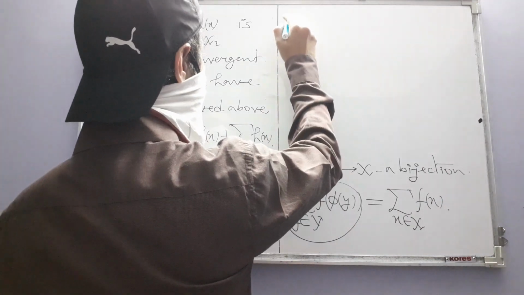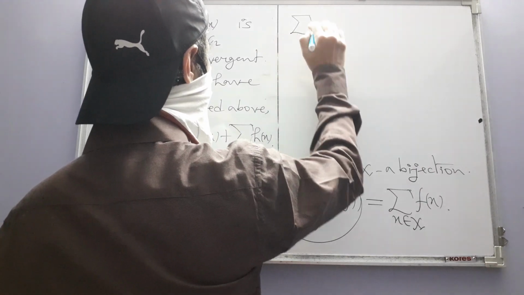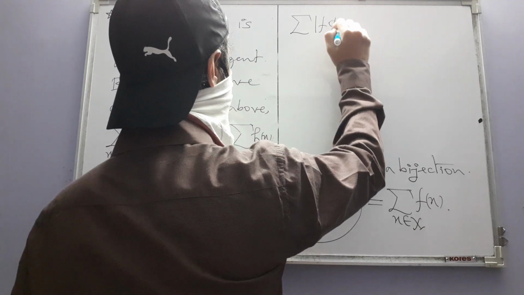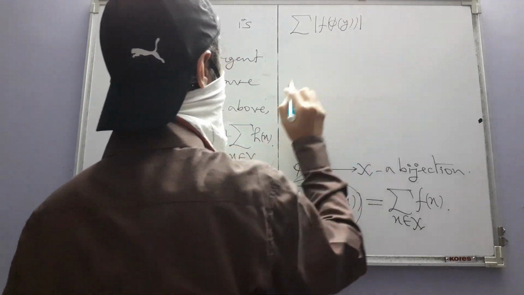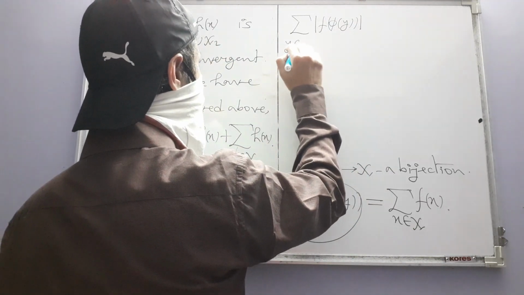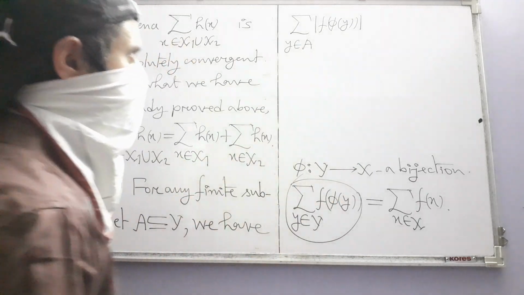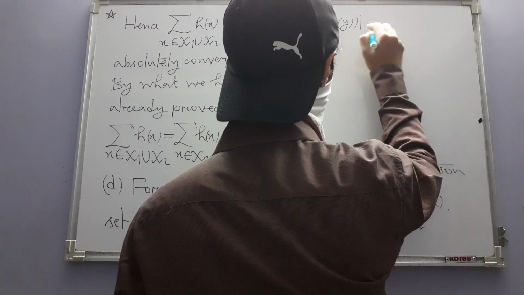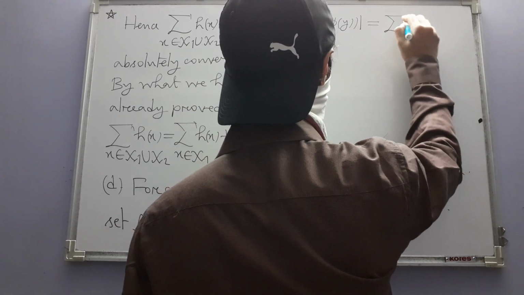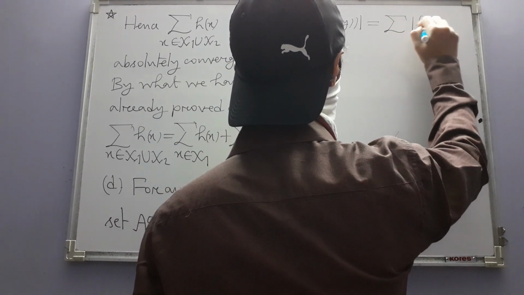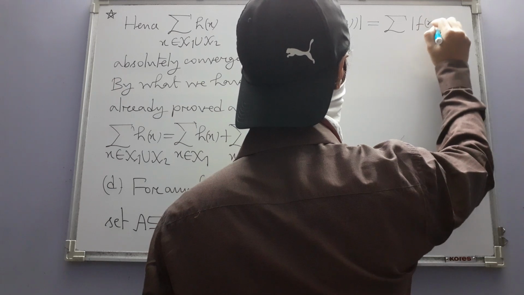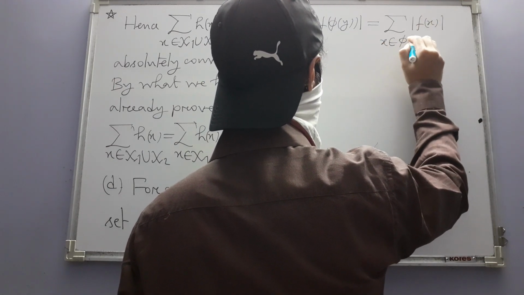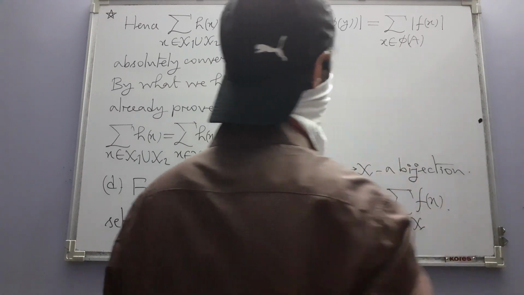So we are going to consider this. But this is nothing but summation absolute value of f of x as x varies over phi of a.